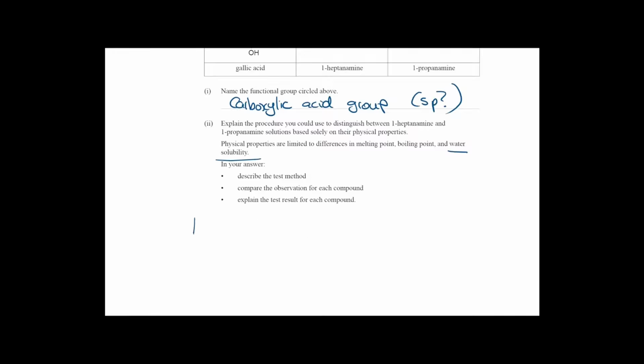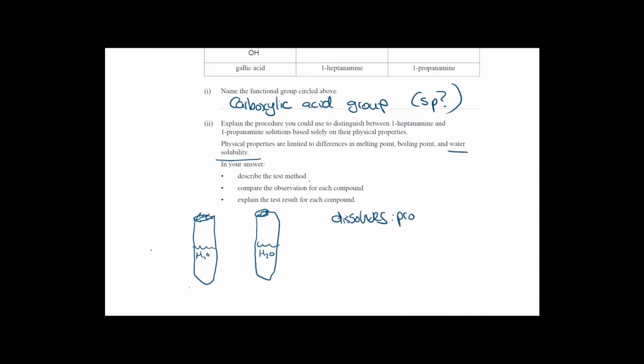So you would put each into a test tube, put the top on the test tube with water, and shake it well. One of them is going to dissolve, one of them is not.